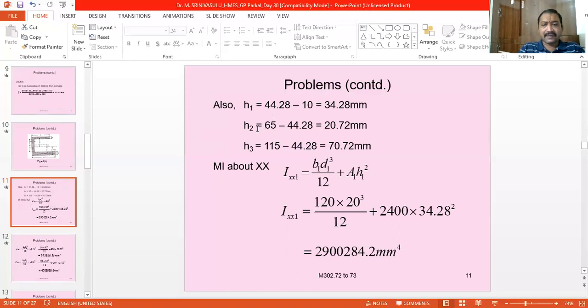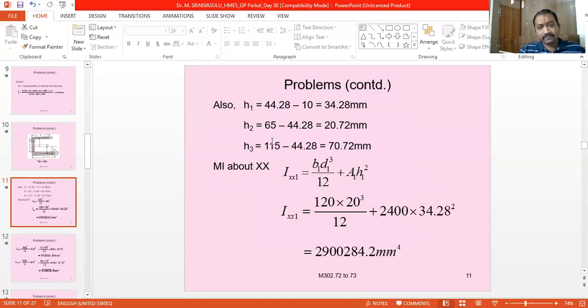And hy2: here y2 is more than y bar, so y2 minus y bar, 65 minus 44.28, is equal to 20.72 millimeters. And hy3: here also y3 is more than y bar, so y3 minus y bar, 115 minus 44.28, is coming to be 70.72 millimeters. Like this hy1, hy2 and hy3 are calculated.